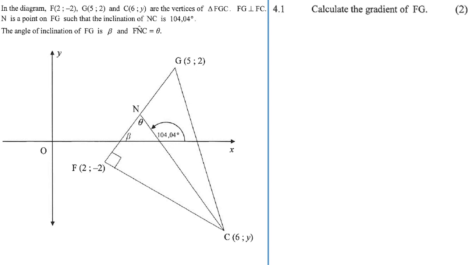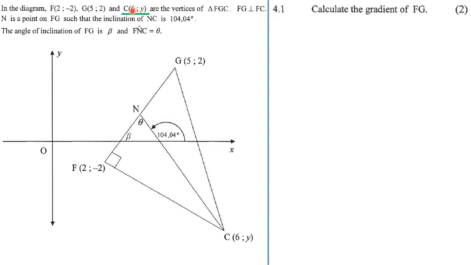Before we get into the solution of the problem, let's check the significant aspects of the question and highlight the key areas. For example, you look at C with coordinates (6, y).